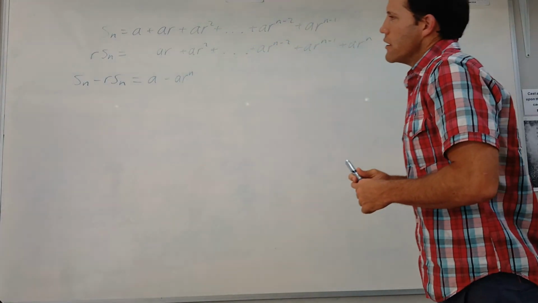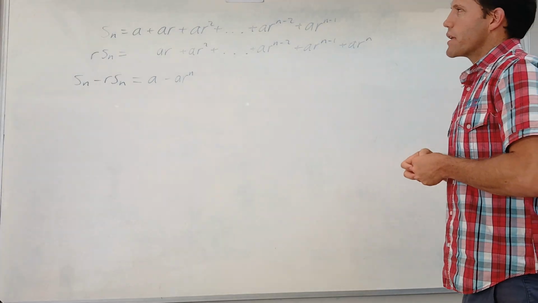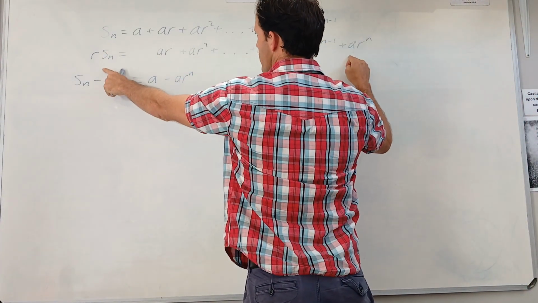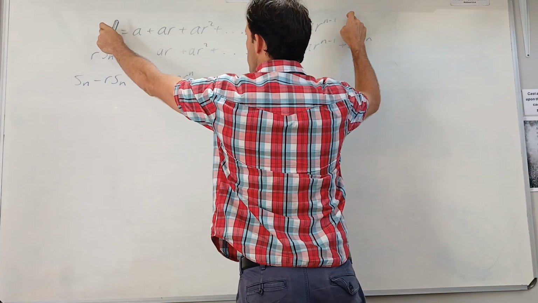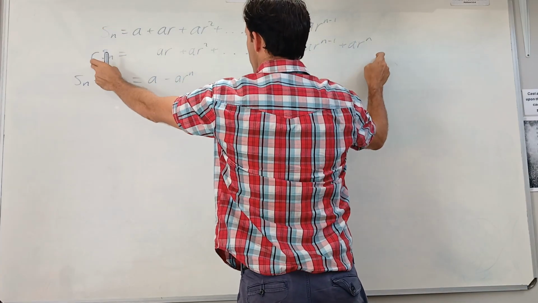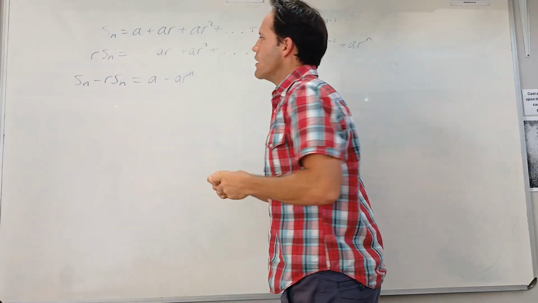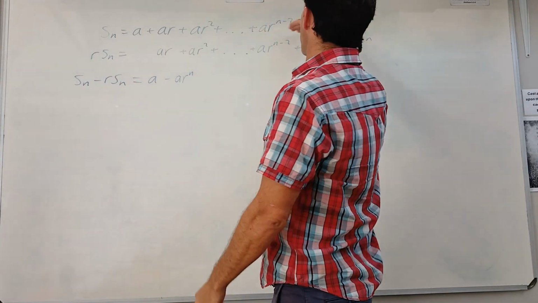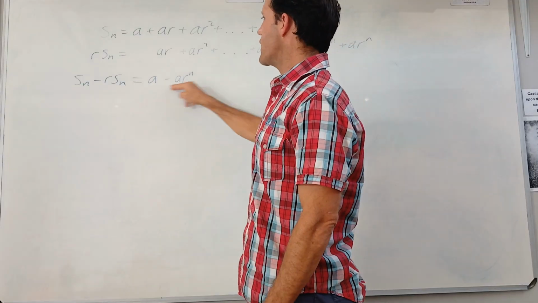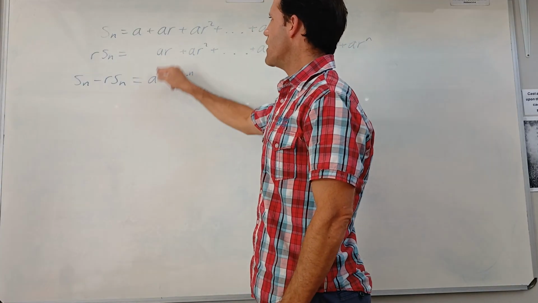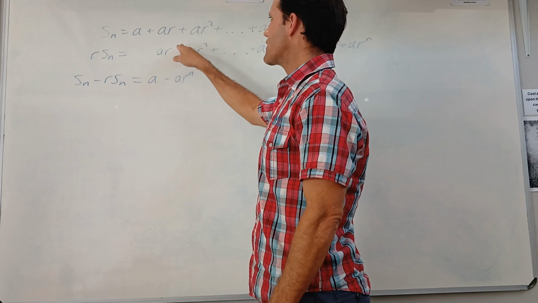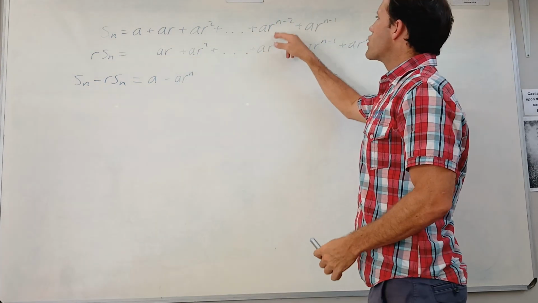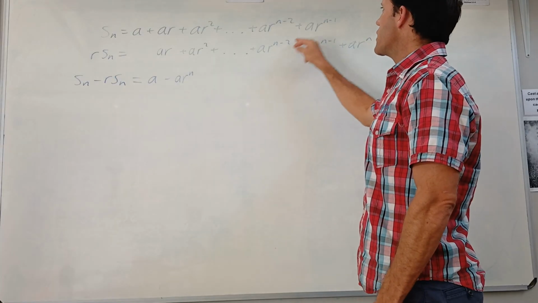Okay, let's just go through that step again. We wrote down the sequence, we multiplied it by r to get this sequence, and then we said take this equation minus this equation, subtract the two. So this whole one minus this one is there, because it's a minus nothing, which is a. ar minus ar is 0, they cancel out. ar squared minus ar squared is 0. ar to the power n minus 2 minus this one is 0.